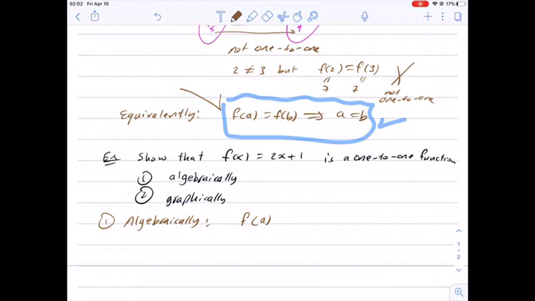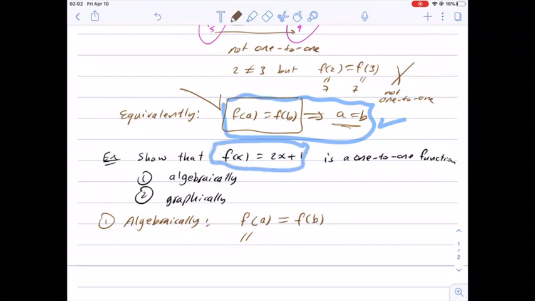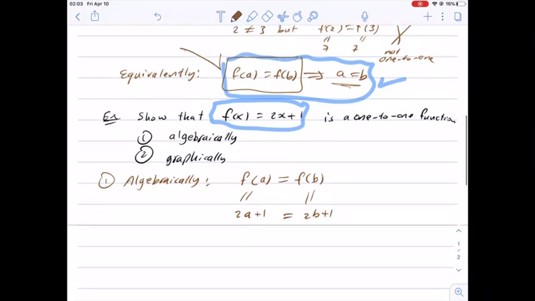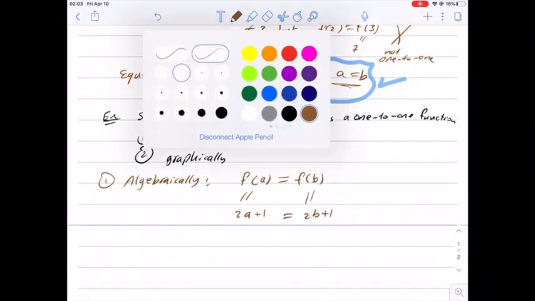The relation is 1-to-1 if f of a equals f of b implies a equals b. So we start with f of a equals f of b, and we solve the resulting equation to get a equals b. If we get a equals b, that means the function is 1-to-1. So what is f of a? f of x is 2x plus 1. So we substitute a, we get 2a plus 1. And substitute b, you get 2b plus 1. Those should be equal.